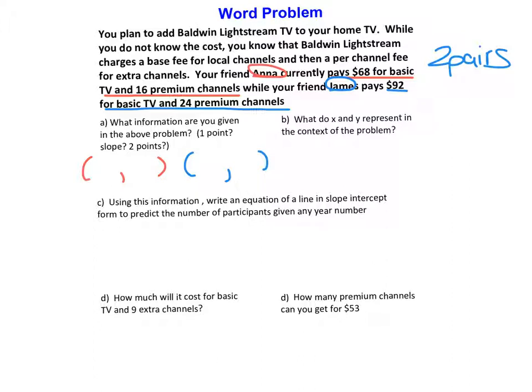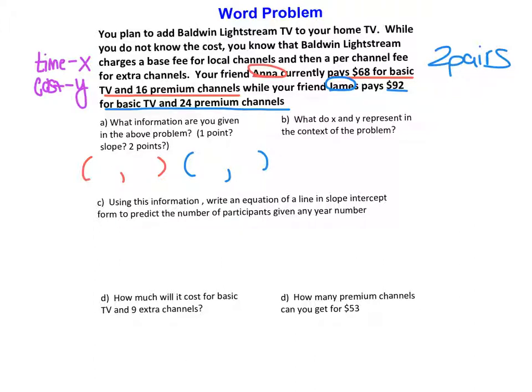So what I typically do is I look at the information I'm given, and a couple of key things that I can remember are that if we have anything with time, that will typically go in the x variable. Now I don't see anything with time here, so what I'm going to look at next is if I see anything with cost, that typically goes in the y variable.